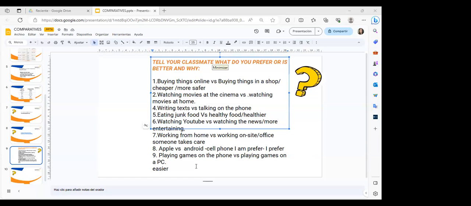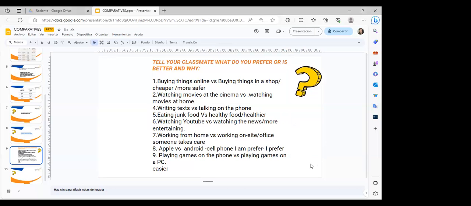Can you hear me? Okay, yes, now I can. Continue. I prefer playing games on a PC because they have better graphics and there are more funny than playing games on the phone. Okay, very good. Yes, that is very logic.